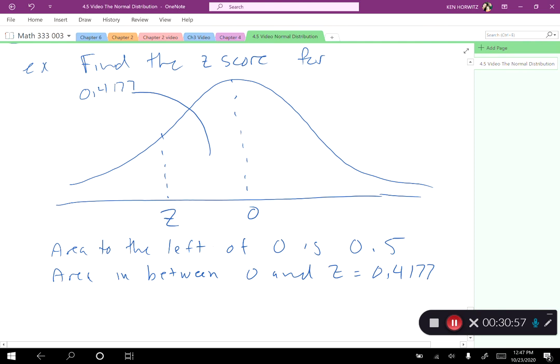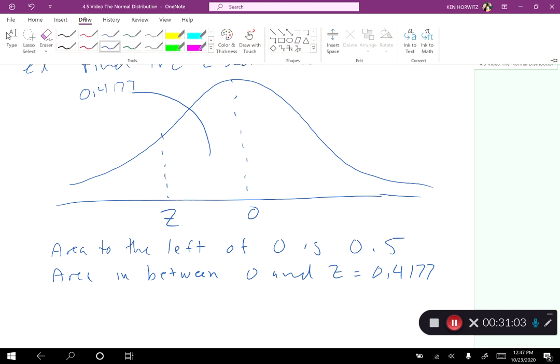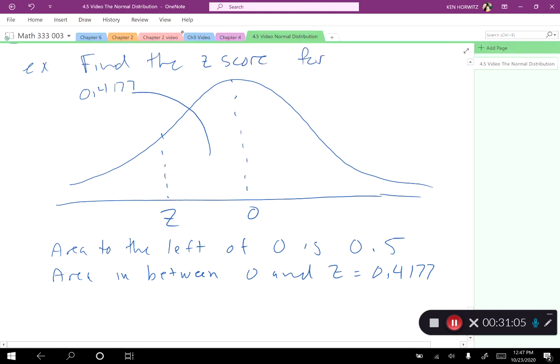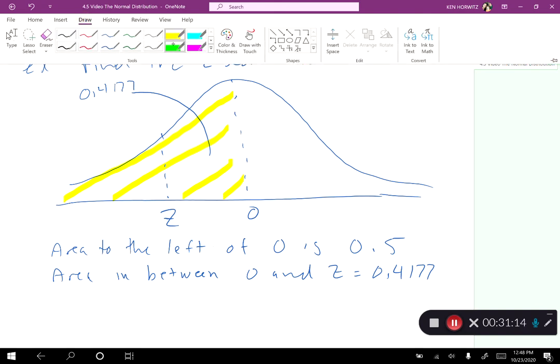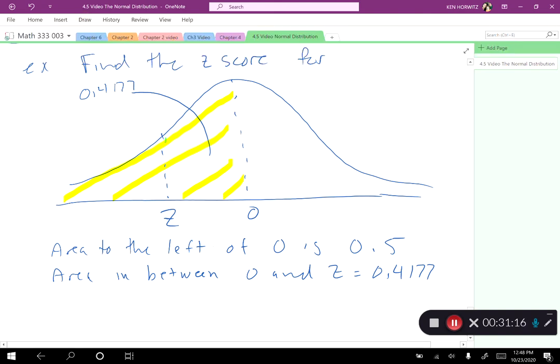What if I subtracted those two? What would the area be that I got left? So if I took my 0.5, which would be everything, right? And then I subtracted off the green part, just the green part, I would be left with the area to the left of z.